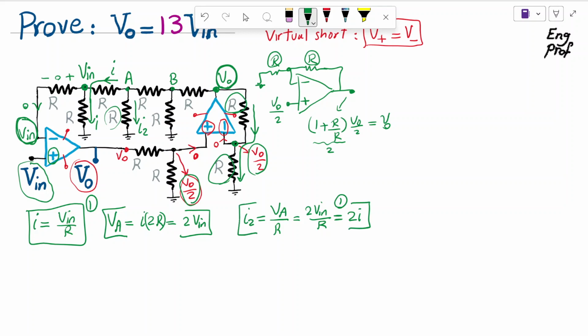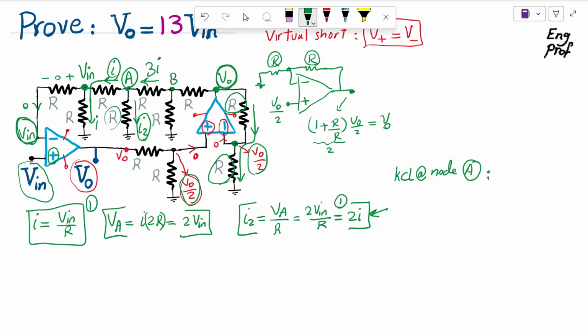So we found I2 is 2 times I. As a result, if you write a KCL at node A, that states that the current coming to node A should be the sum of I2 and I. So I2 is 2I, therefore this is 3I that is coming from B to A.